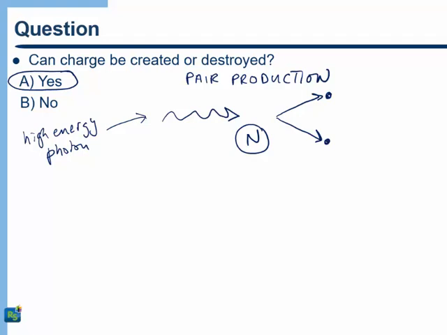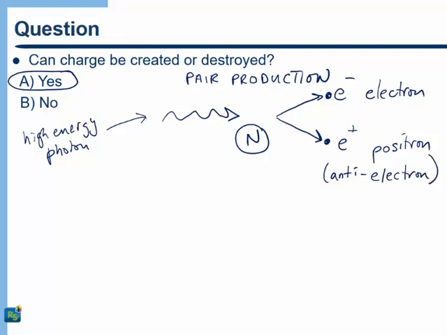Those particles are an electron and a positron. Now, if you've never heard of a positron before, a positron is an antiparticle. Specifically, it's an anti-electron. And you may have heard of antimatter in science fiction.